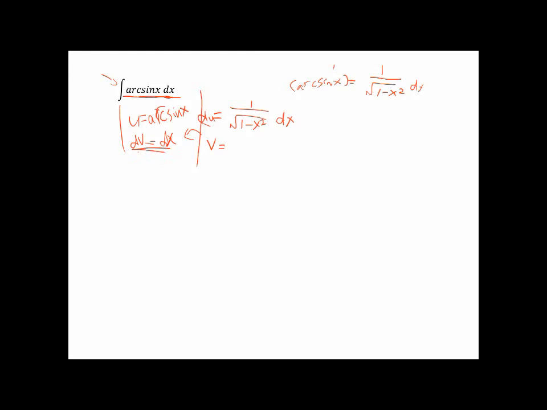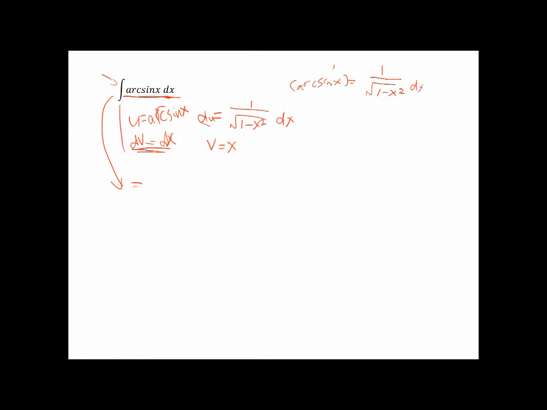So based on dv, I find v is simply x, right? So I can go back: the derivative of x is dx, right? 1 dx. Okay, apply the formula. Make it clear.